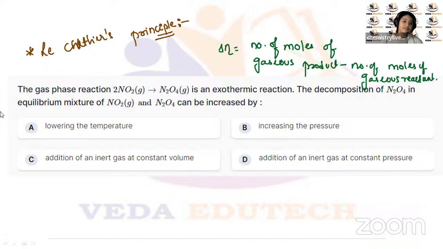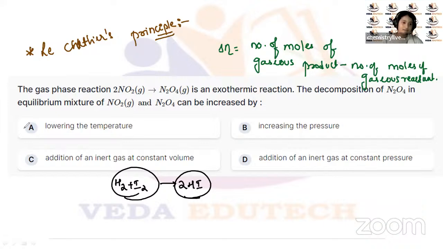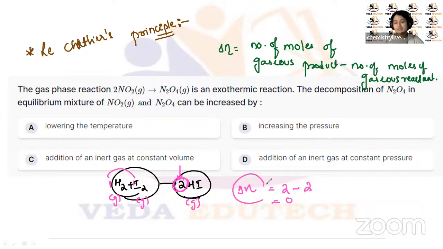For example, if we have H2 plus I2 giving rise to 2HI. So this is the product, this is the reactant. They are all in gaseous state. So delta N will be, the number of moles of product is only 2 here, minus, for reactant, this is 1, this is 1. So this is 1 plus 1, 2. So 2 minus 2 is 0. So that is your delta N. Yes? Is it clear?